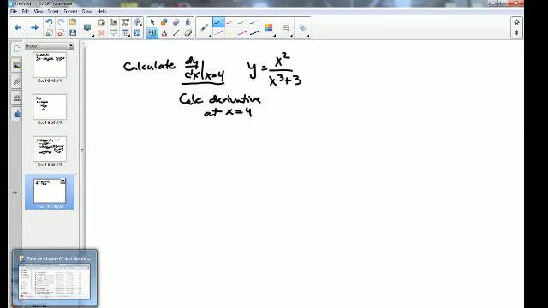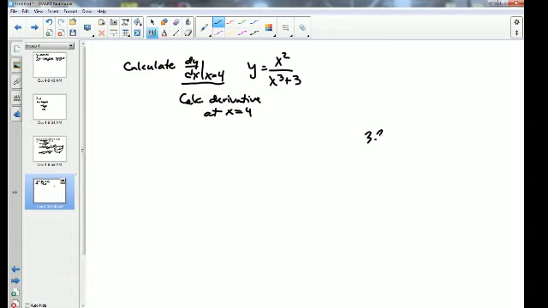Okay, that's all I've got. Do you want me to write the homework down again? Okay, 3.3 product rule: 1, 2, 21, 40. Quotient rule: 7, 10, 33, 39.